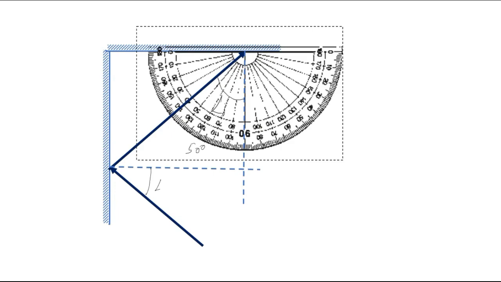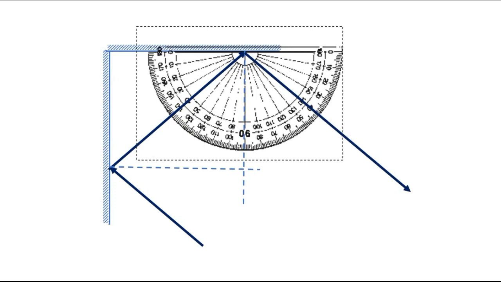Here it was 40 degrees. Right? And so as here the angle of reflection was 40 degrees, now if this is a 50-degree angle of incidence here, the angle of reflection also will be 50 degrees. So 10, 20, 30, 40, 50. So our reflected ray will move in this direction.